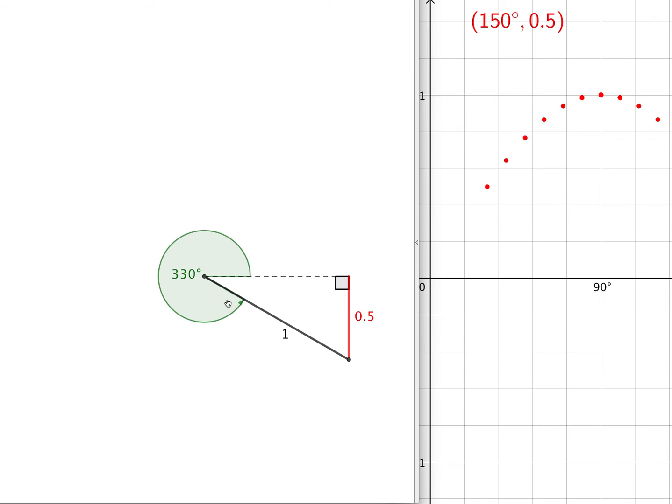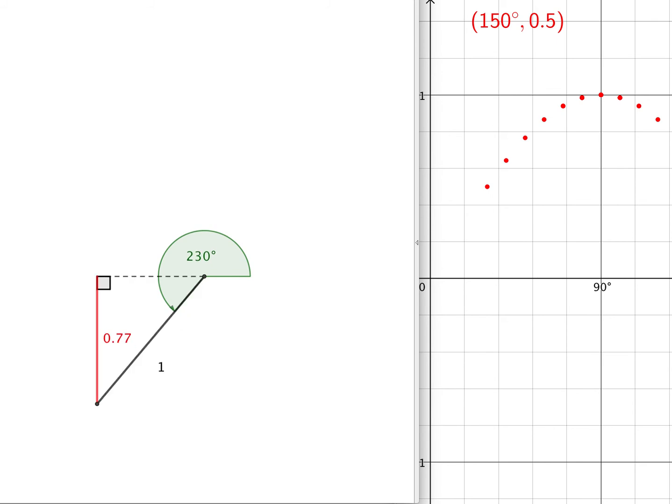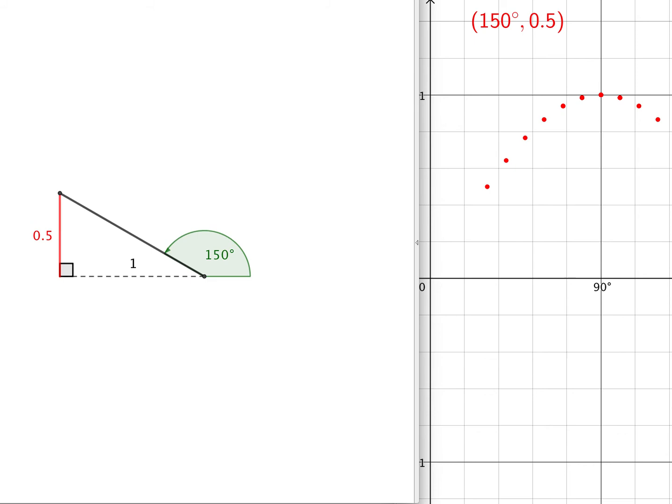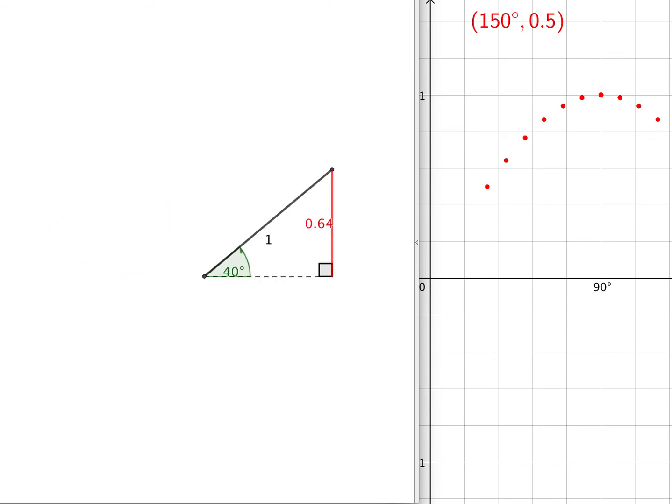Sine 330 is 0.5. There's sine 210 is 0.5. And there's sine 150 is 0.5. And the original was sine 30 is 0.5.